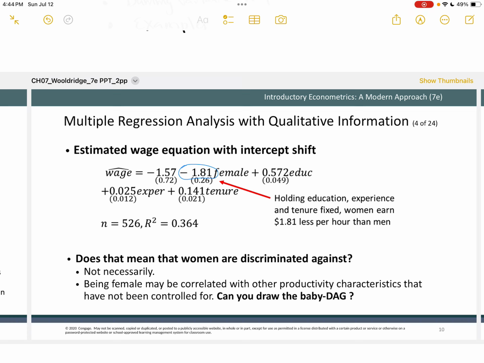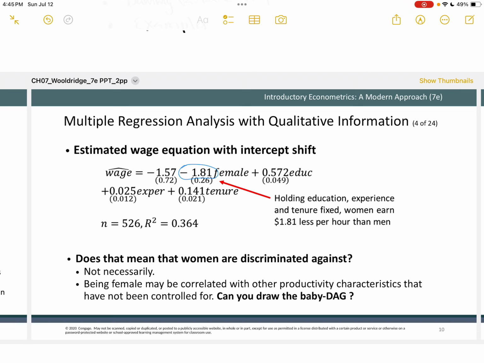Well, you say, holding all other factors constant, if female compared to the base category, male, wages would fall by $1.81 on average. So in the interpretation, you say on average, you say holding all else constant, and then you compare to the base category.